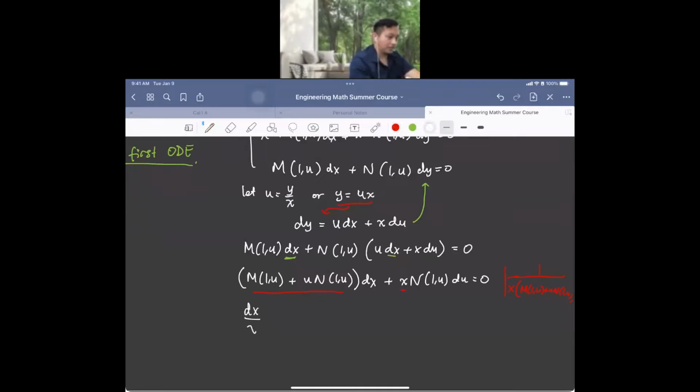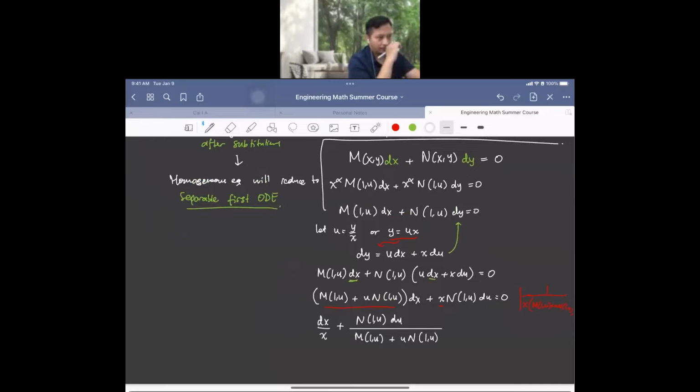This will be dx over x plus N(1, u) du divided by M(1, u) plus uN(1, u).